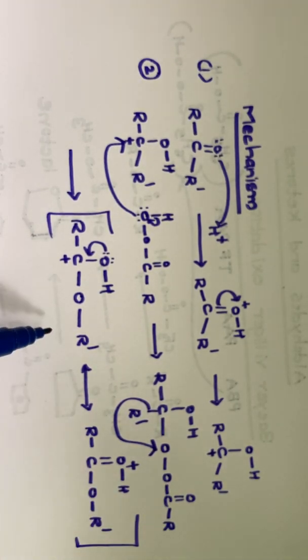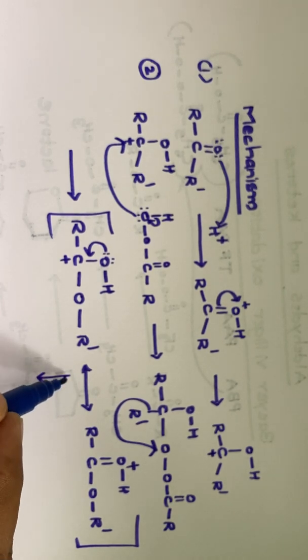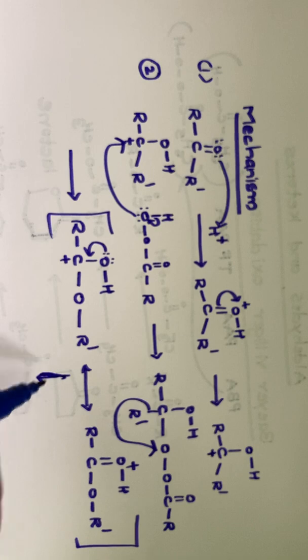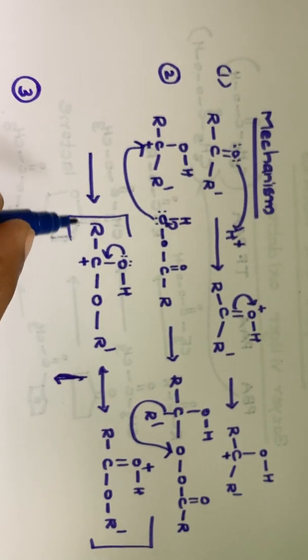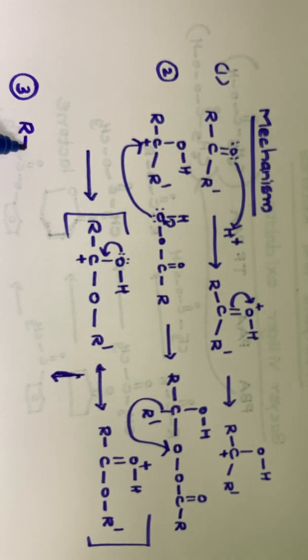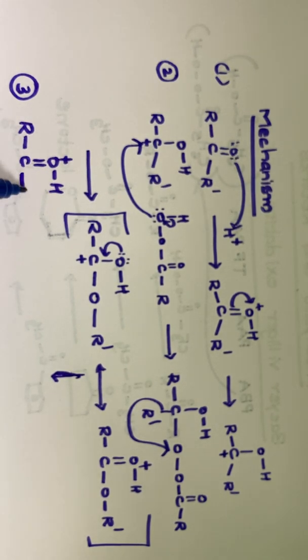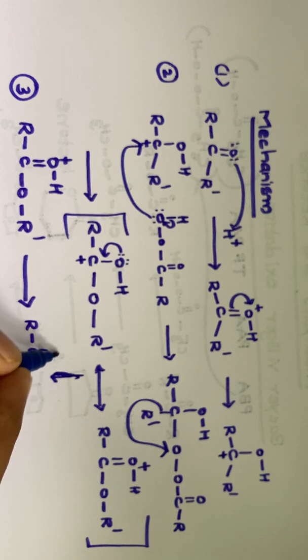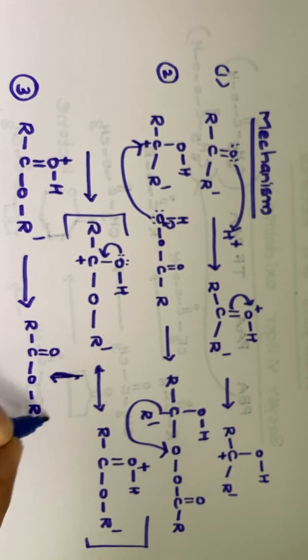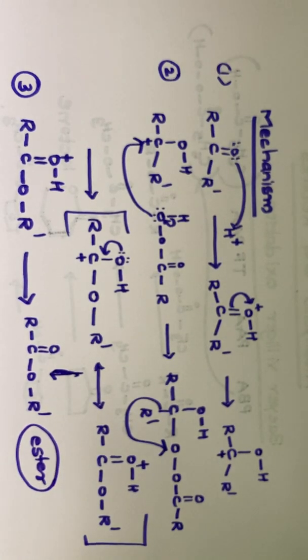The bond breaks. Ultimately the product will be R, C, double bond O, O, R dash. So loss of proton takes place, resulting in the formation of ester. Ester is formed.